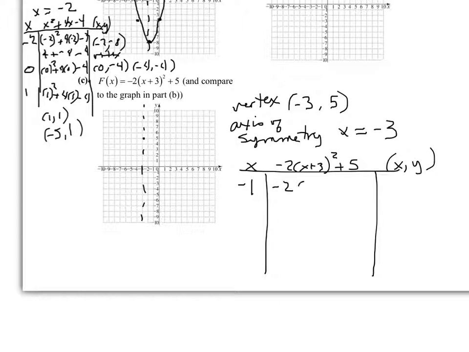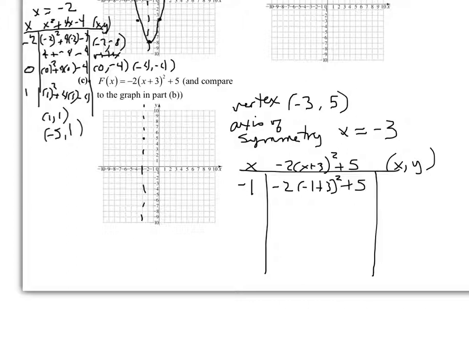While I'm plugging this in, if you were to look at the equation and answer the question, which way should this parabola open, I certainly hope you recognize it's going to open down because I have a -2 in front. So I know I've got a vertical stretch of 2 and it was reflected over the x-axis, so this parabola will open down.